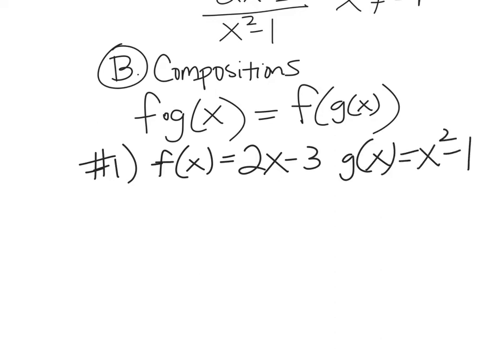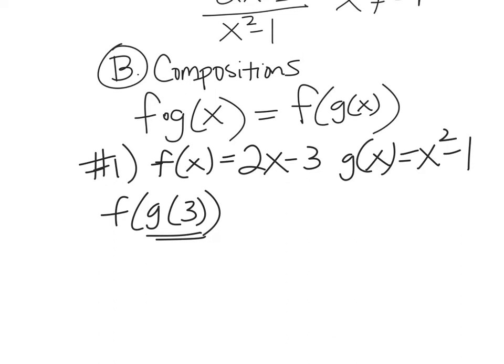First of all, let's do f of g of 3. They'll pick a number for you. And then you're going to take 3 and work from the inside out. Do you remember this a little bit? You're going to take g of 3, and we're going to evaluate that.